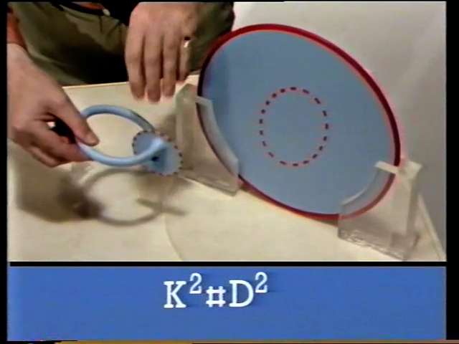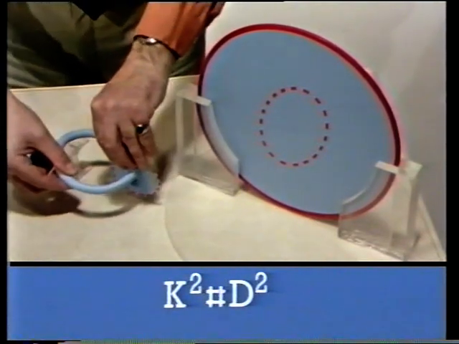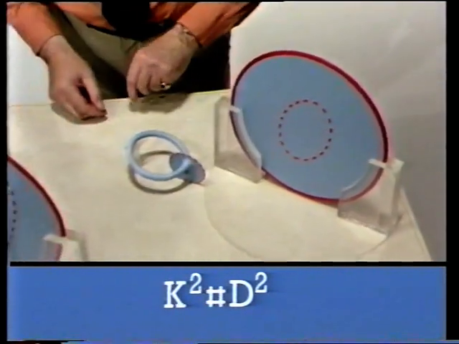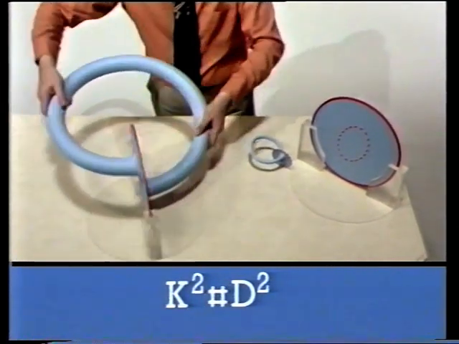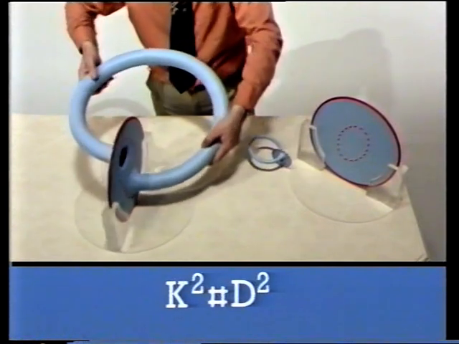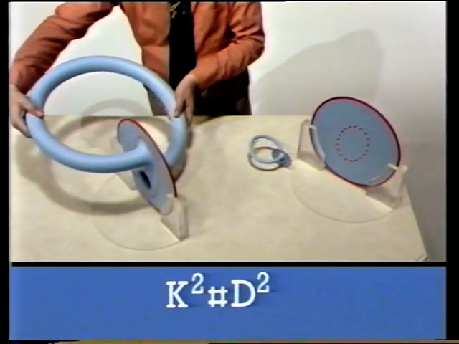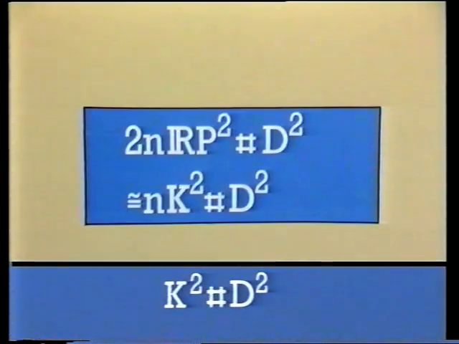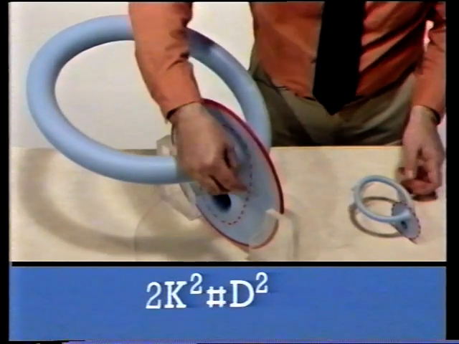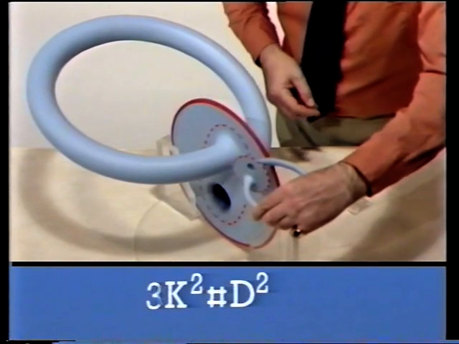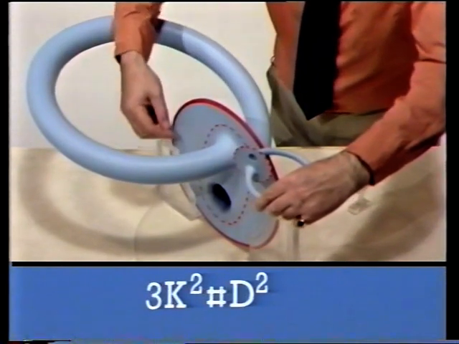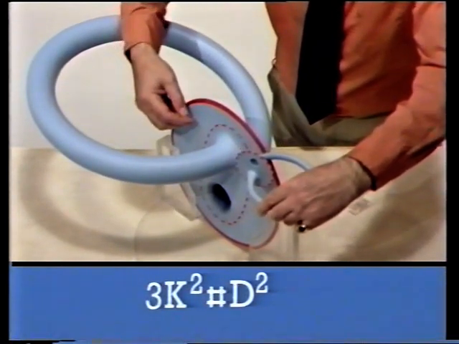So all that happens is that this flat piece gets enlarged, like this, and we've enlarged the tube as well. So we've done n equals 1. For n equals 2, we have to make a hole in this and glue in another one of these. And for n equals 3, we have to glue in a third one, and so on.